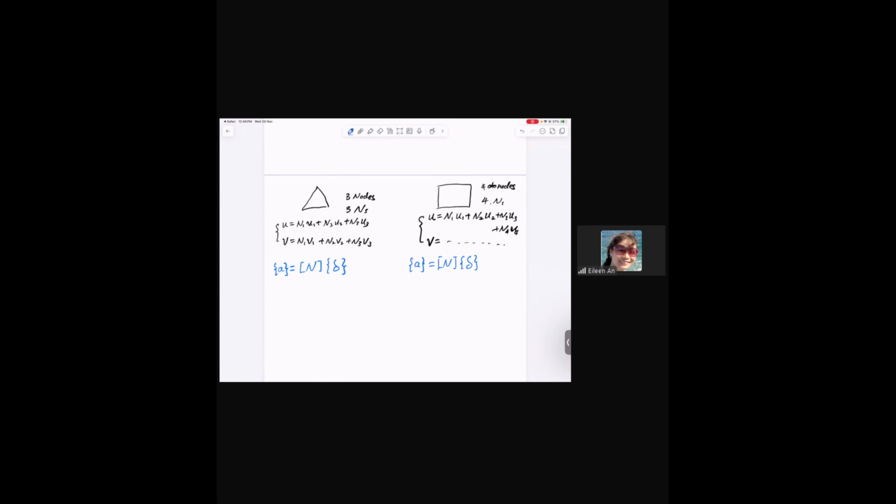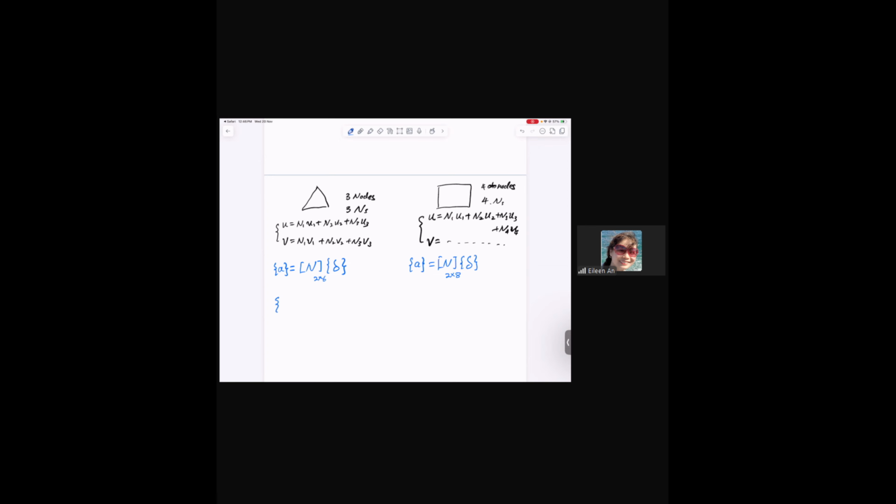But the difference is the size of those matrices are different. For triangle element, the shape function matrix is a 2 by 6 matrix. But for four node rectangular element, the size is 2 by 8.